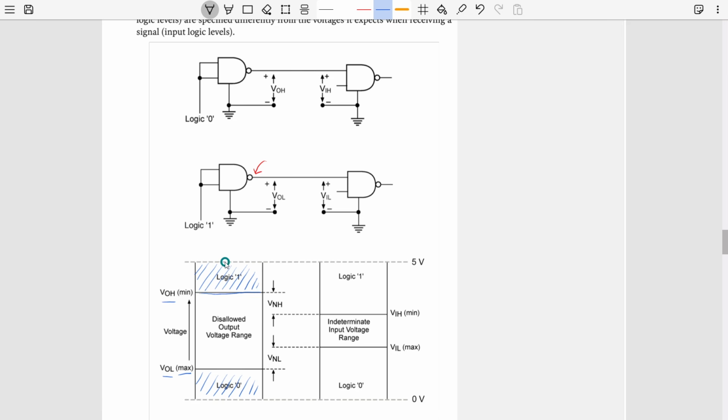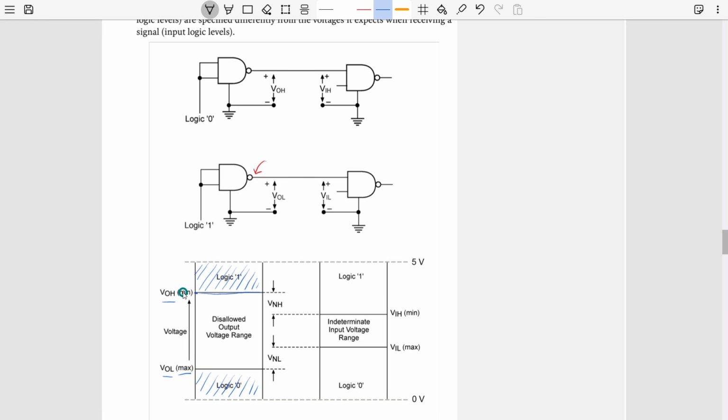Okay, it can give 5 volt, or slightly less than 5 volt, no problem, but it can never be less than this boundary we see here. This line, the minimum voltage that it has to show at the output if it wants to output logic high, is called VOH.